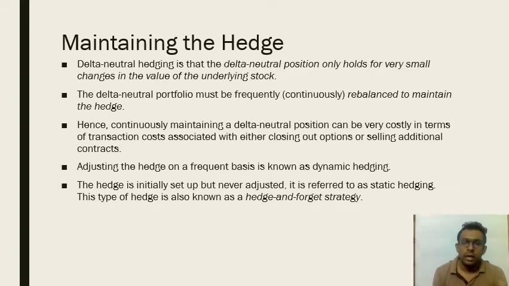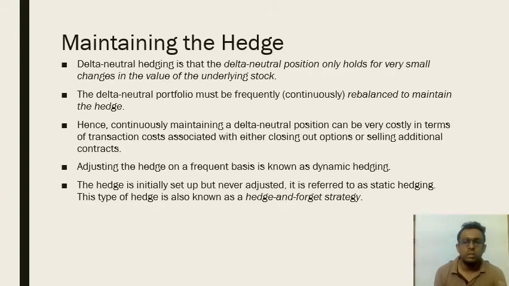So for either closing out positions and selling additional contracts, that will happen. Adjusting the hedge on a frequent basis is known as dynamic hedging. That's what maintaining a hedge actually means. We'll have to sell and buy these options so that we can keep it hedged in a delta neutral position.